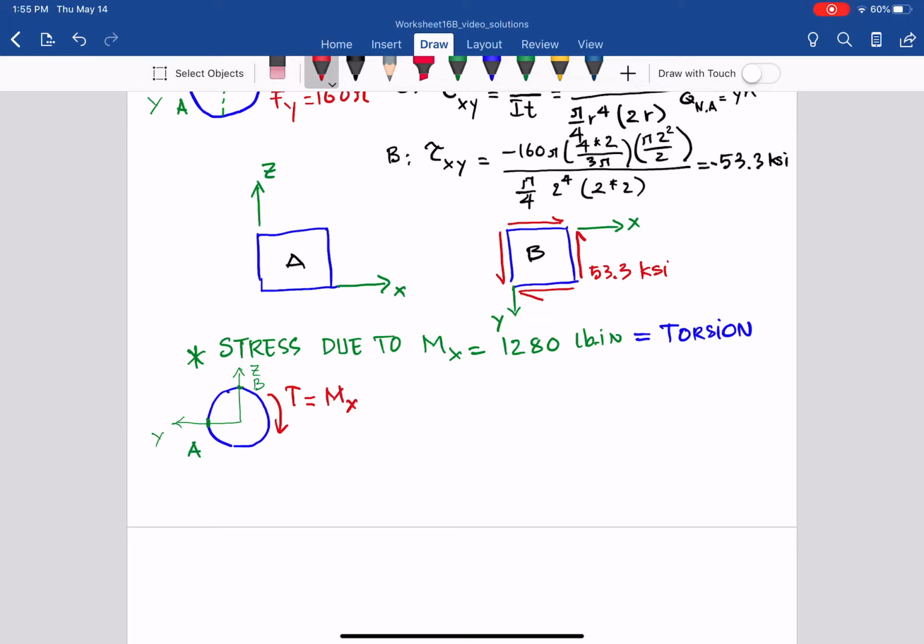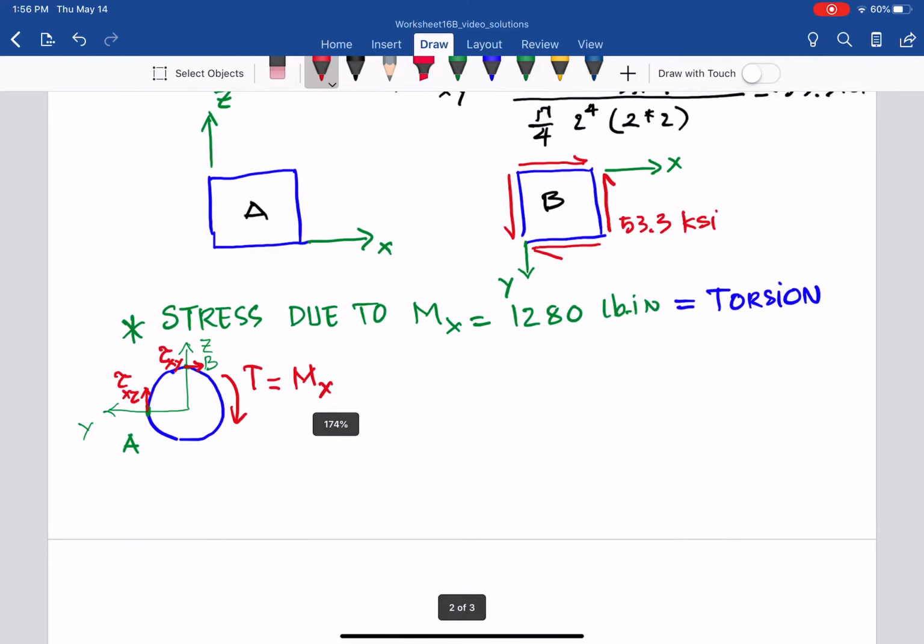Let's draw it down here. At A, the shear with that torsion will go that way, directed to Z on the X plane, so that is tau XZ. And at B, with that torsion, it has to go horizontal, and that is tau in the Y direction, still on the X plane, tau XY. So you see that there.